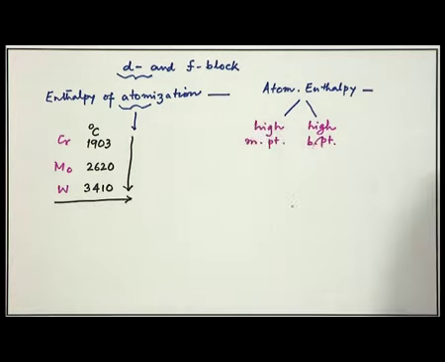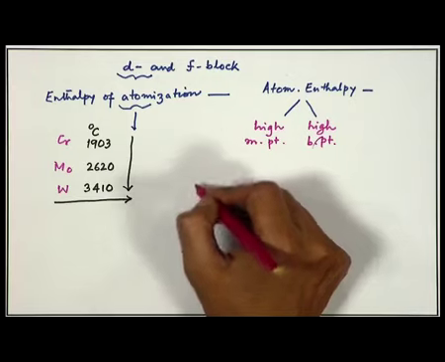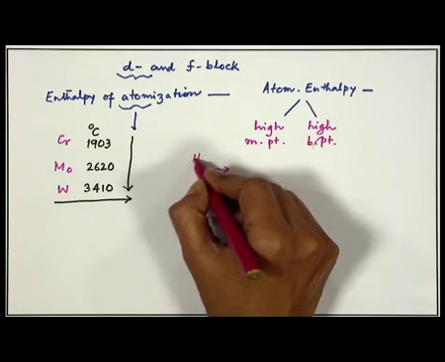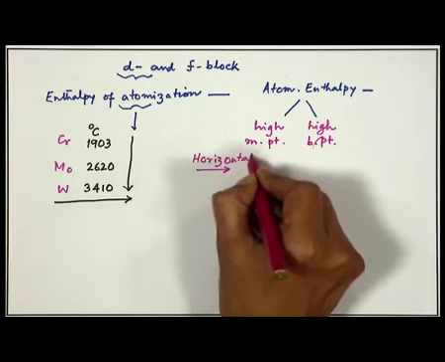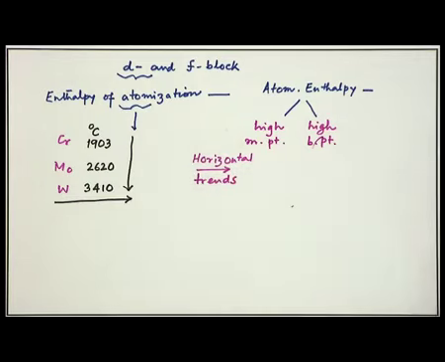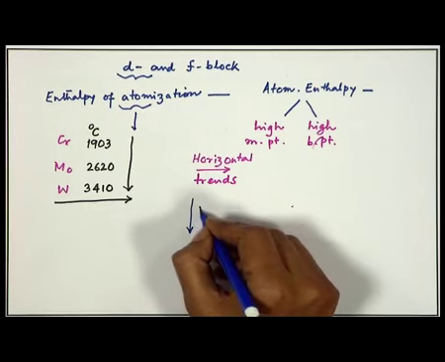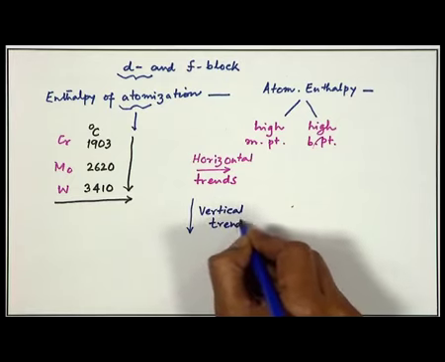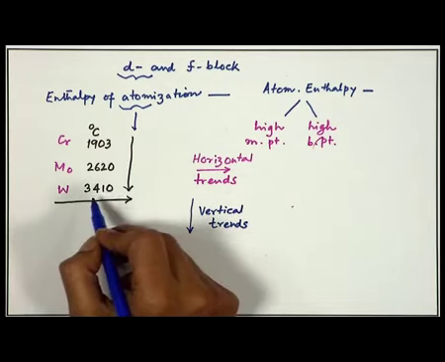Whatever we find for the 3D, 4D and 5D elements, we can have the corresponding horizontal trend for different physical properties, and also some vertical trends, and these will definitely correlate with the corresponding electronic configuration.